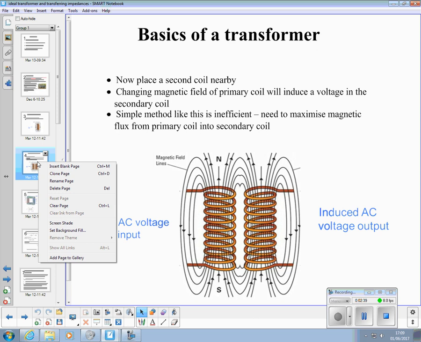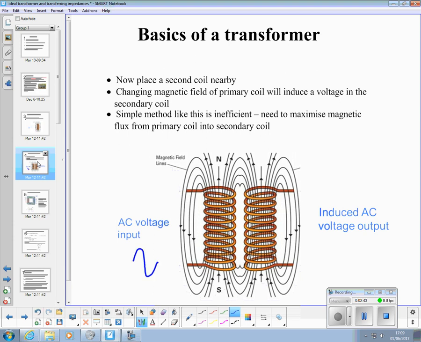So by passing an AC voltage into the first coil, we get an AC induced voltage in this coil, and there's no electrical connection between the two, just a magnetic coupling. The term for that is mutual inductance. You're mutually inducing this voltage into this coil by the proximity of that one. Changing the magnetic field in the primary coil induces a voltage in the secondary coil.